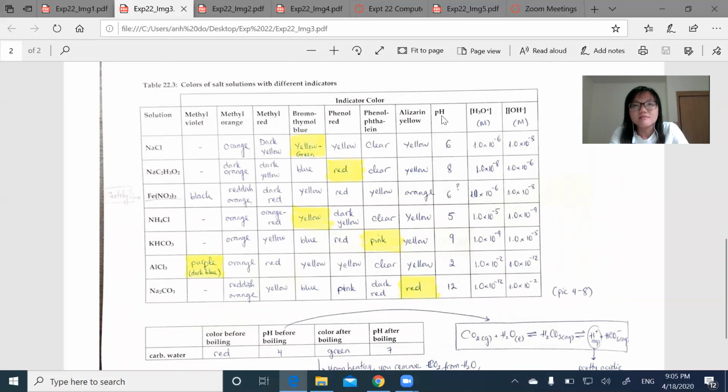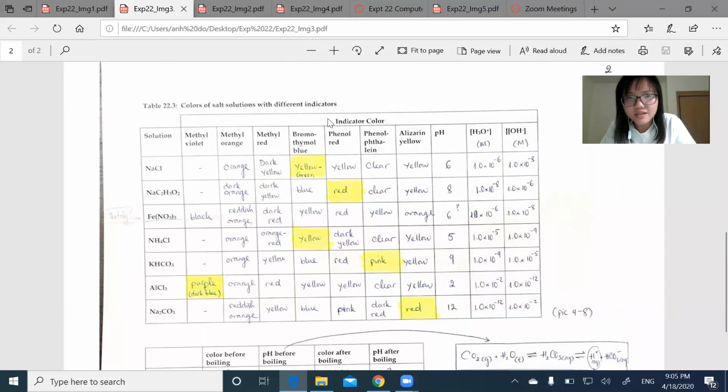After you get the pH down, just calculate your hydronium concentration using the negative log of H plus concentration equals pH. So the concentration of H plus would be 10 to the power of negative pH. That was it. And then KOH would be, actually, let me see if I can add some notes and write to you guys.